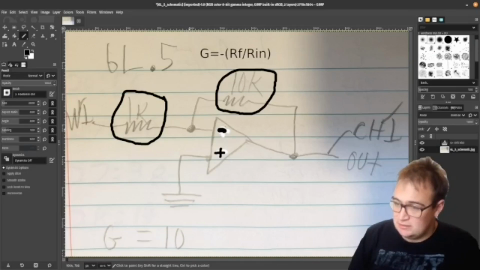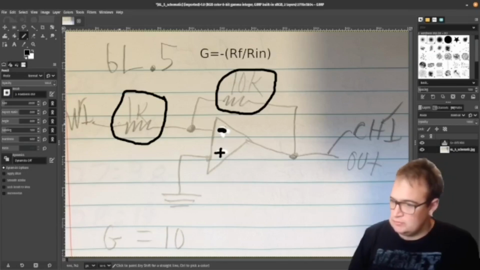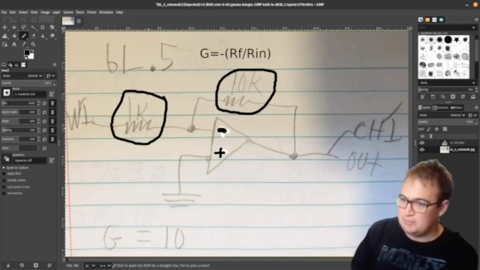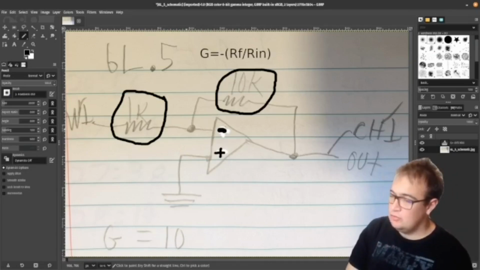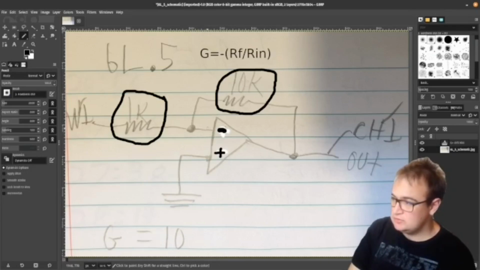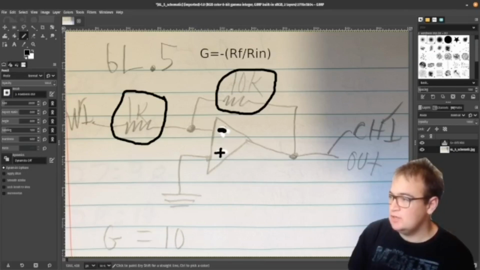So this is 0 here, which means that 1 volt must be dropped across here, which means 1 milliamp is traveling across here. But then we have another golden rule saying that no current flows into the inputs of an op-amp. So that entire milliamp is going across this 10K resistor.